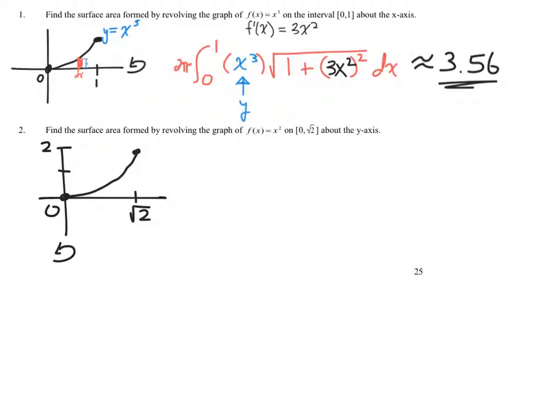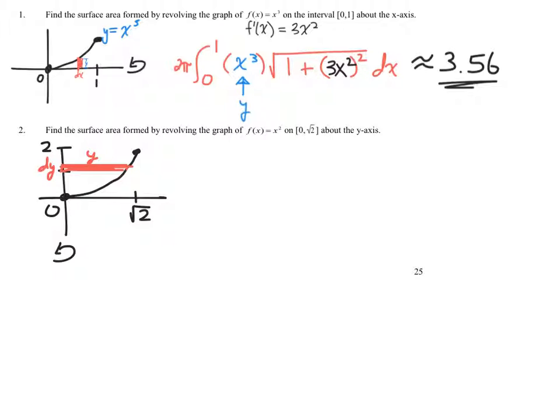Now, if I'm spinning it around the y-axis, that's creating a horizontal radius. So that's a dy. All right, my distance is y. But that's telling me that I want to change some things up. Now, you can actually work with this in terms of x.